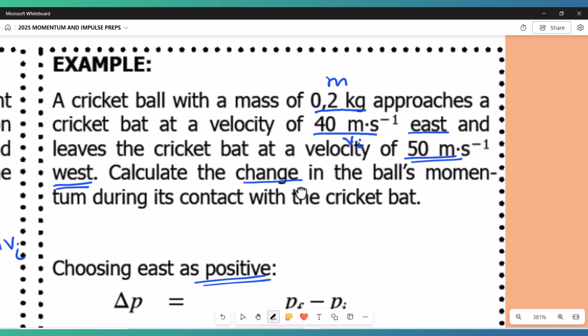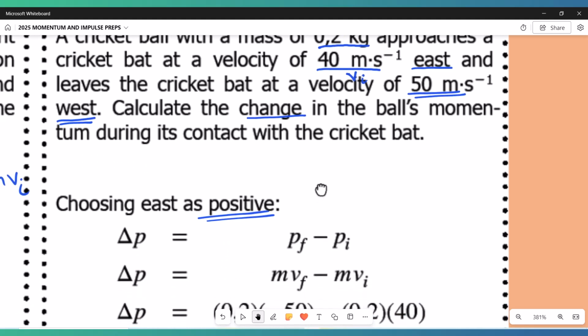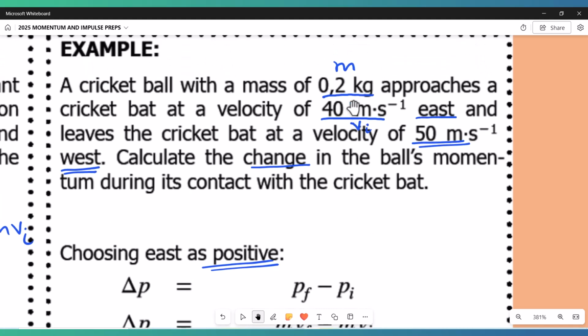Change in momentum equals final momentum minus initial momentum. And how do you find the final momentum? Mass times final velocity. What about initial momentum? Mass times initial velocity. Now, if we substitute our mass, it was 0.2 kilograms, and then I will choose east positive. It's going to be positive 40 for the V initial.